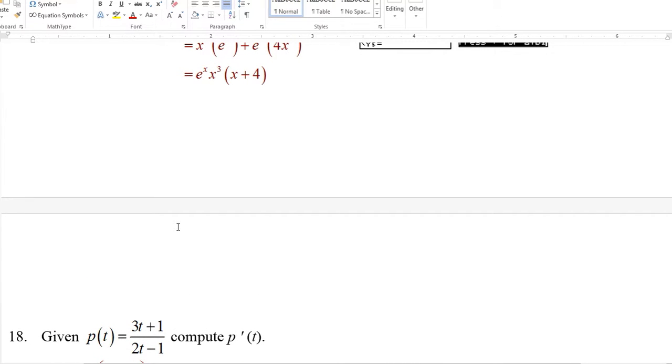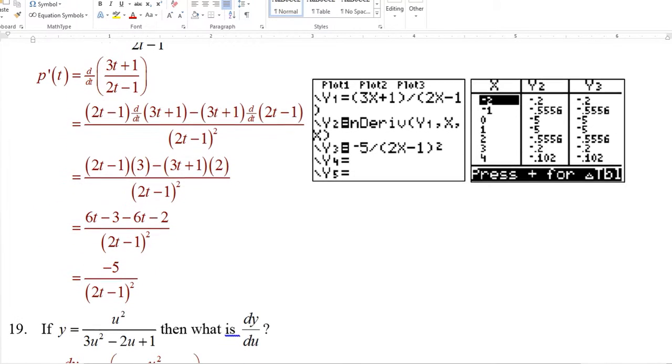Okay, so the next one, P of t equals 3t plus 1 over 2t minus 1. The last thing you would do here is divide the two things. So we use the division rule, the quotient rule.